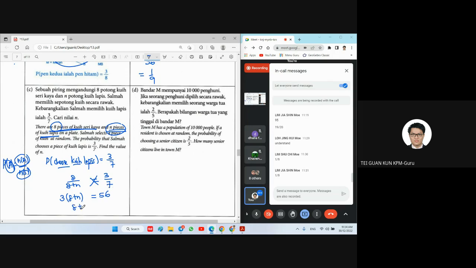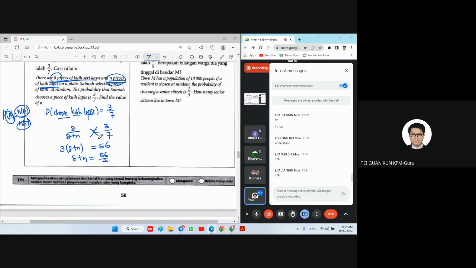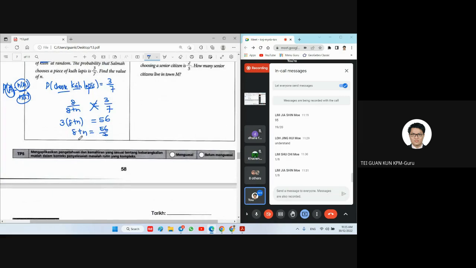So 8 plus n equal 56 divided by 3. Bring to the right, so divide.